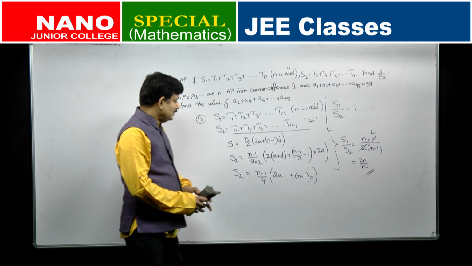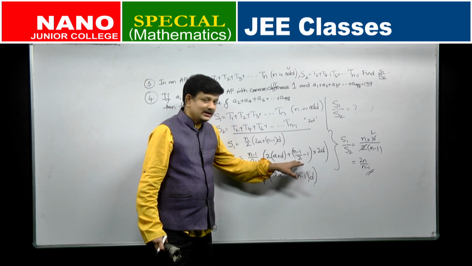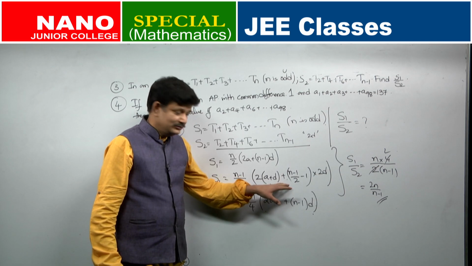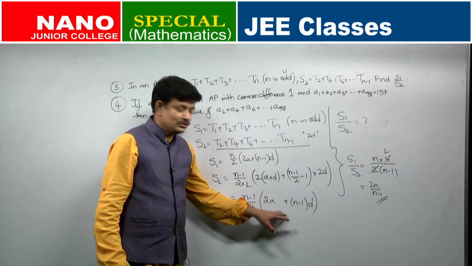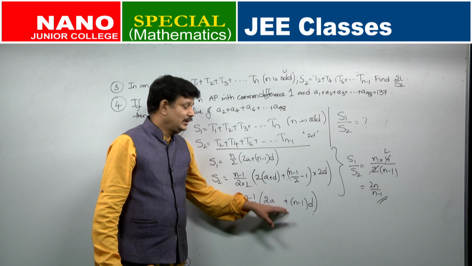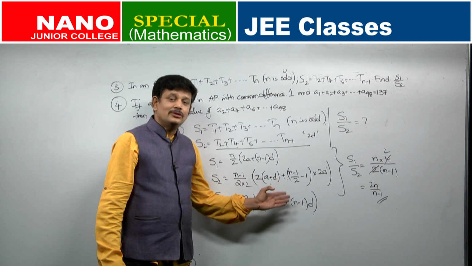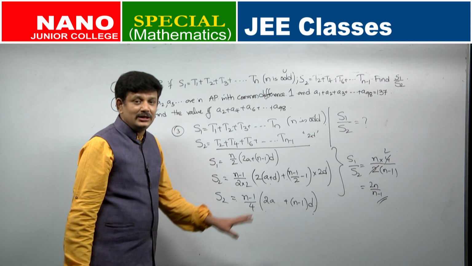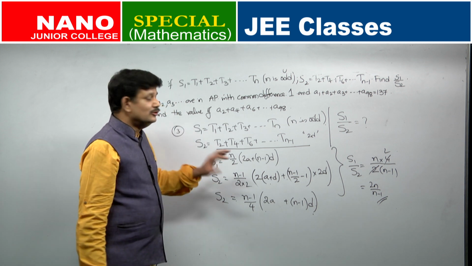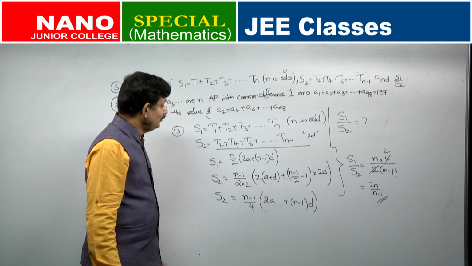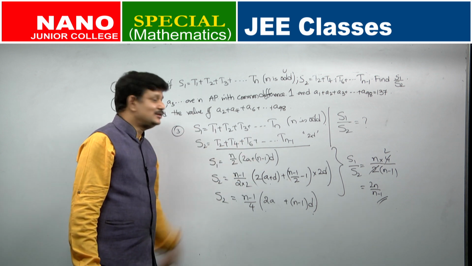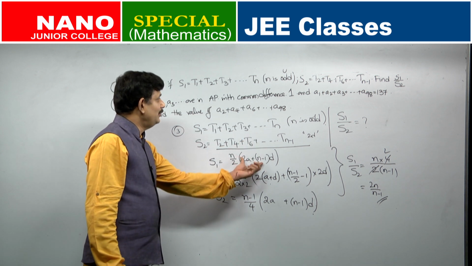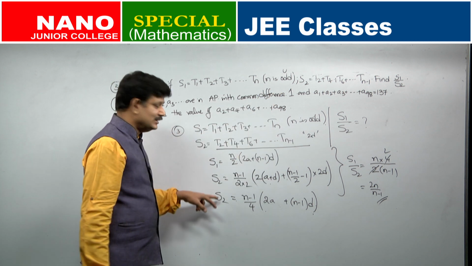Is that clear? Do this simplification step by yourself and see whether you are getting this or not. You have to get this, okay? And slowly you have to try to reduce the number of steps. Do the steps in your mind. The advantage is twofold. One, you will be able to save your time, and you will also get the understanding of the question in mind itself, because you want the answer of S1 by S2.